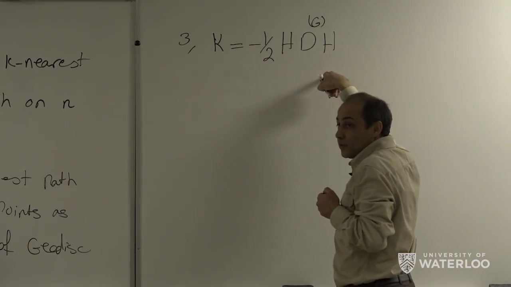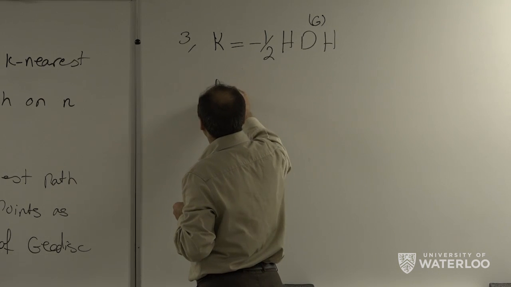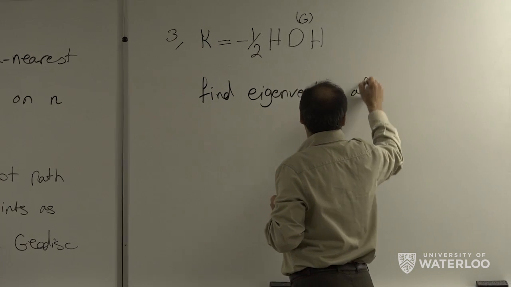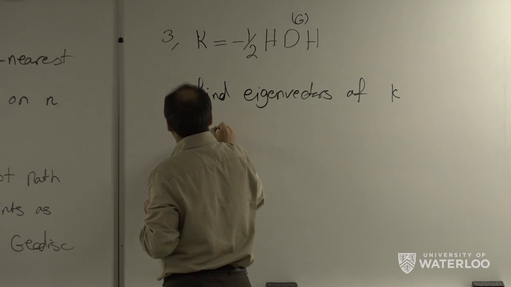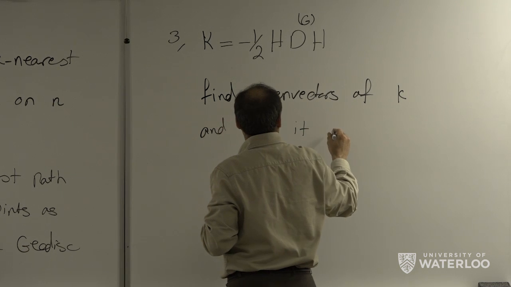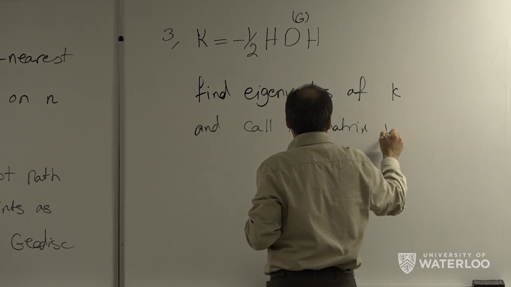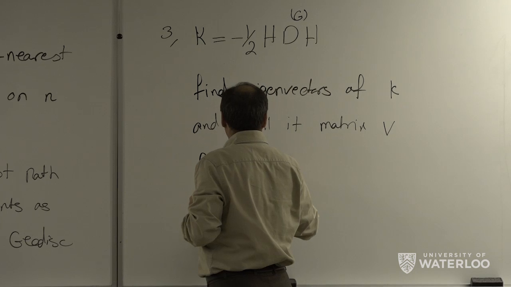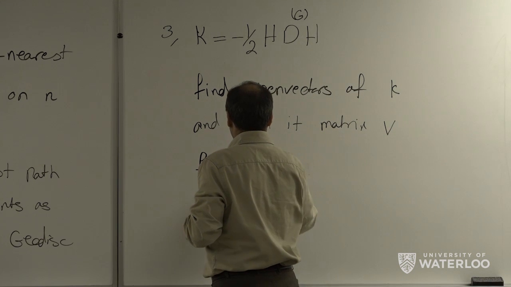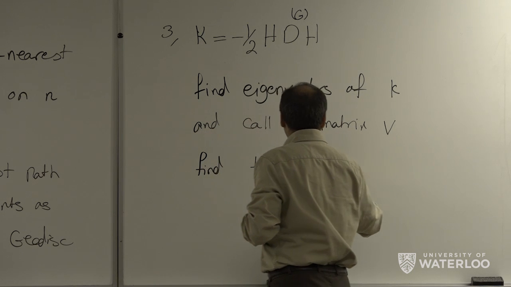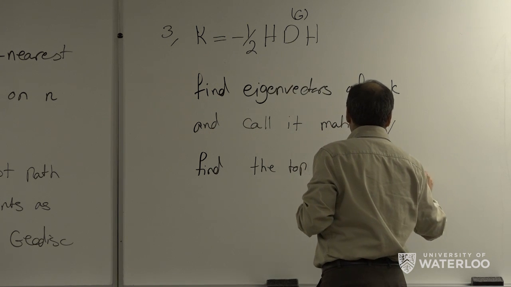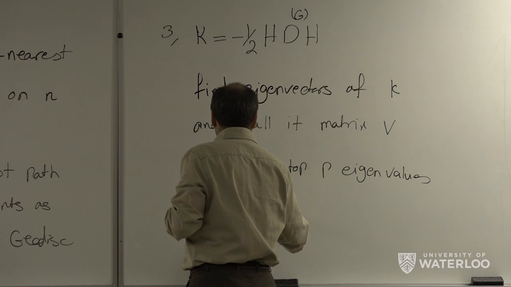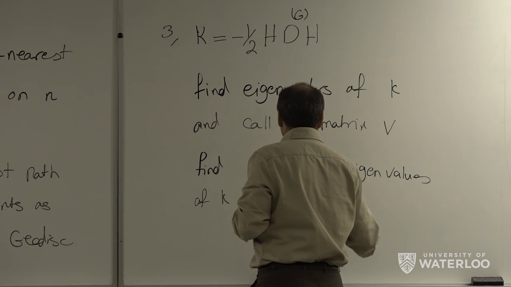So we compute this K, then find eigenvectors of K and call it matrix V. Find the top P eigenvalues of K and form lambda hat.